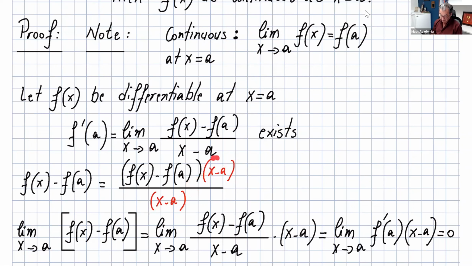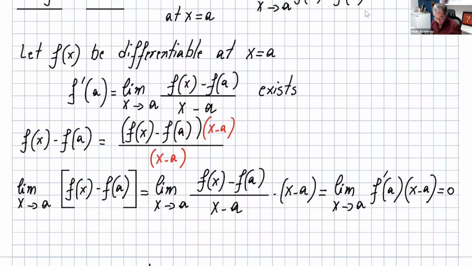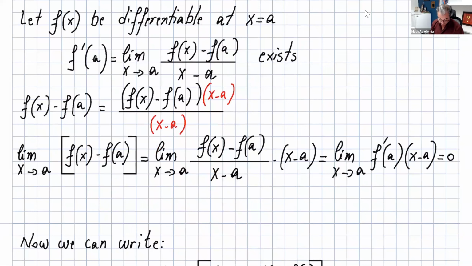So let's multiply the numerator by x minus a and the denominator by x minus a. Now, if you want to find the limit of that as x approaches a, we can write it as the limit as x approaches a of f of x minus f of a over x minus a, times x minus a.